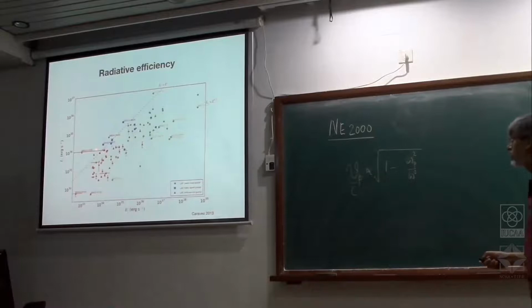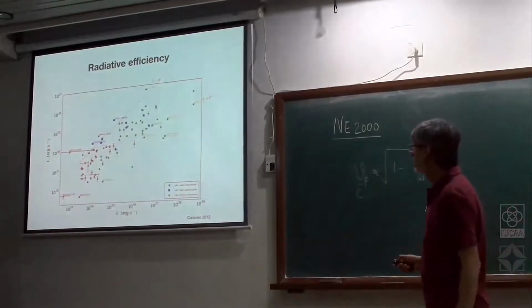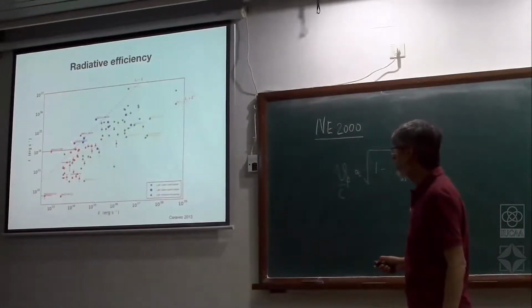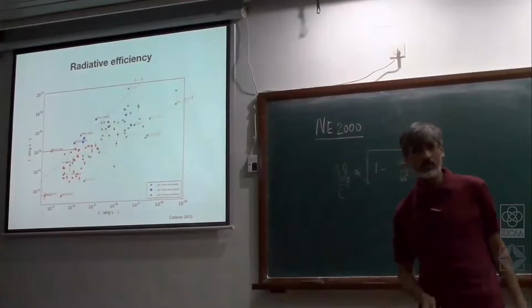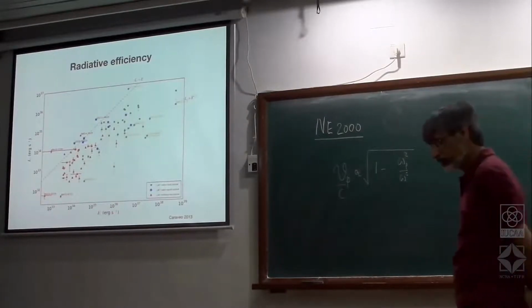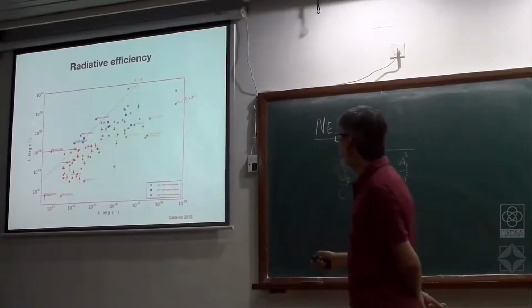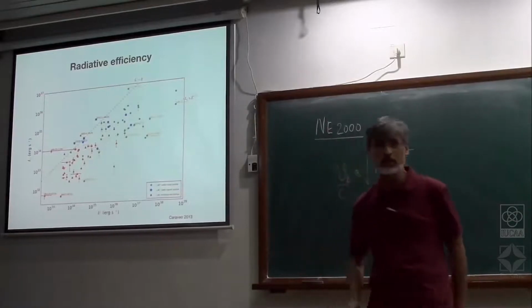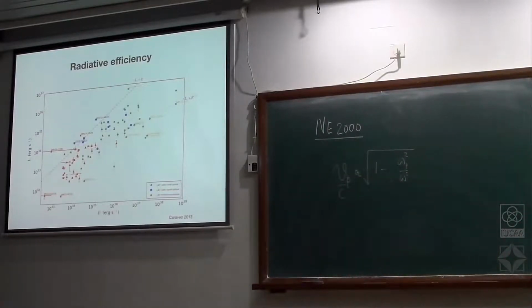Now there are a few cases where you find that the object seems to be above this line. That is, if it's truly so, then you have to find an alternative source of energy to power these objects. But nobody really believes that they are really above. It is just measurement uncertainty.